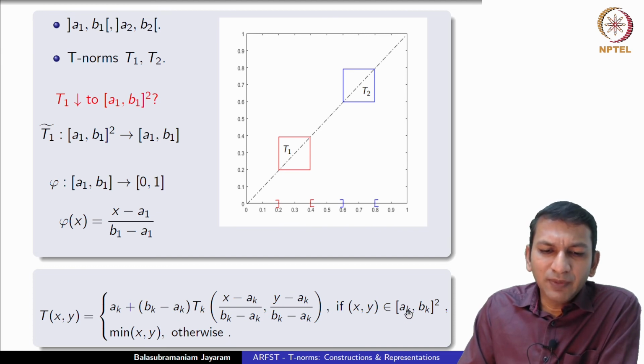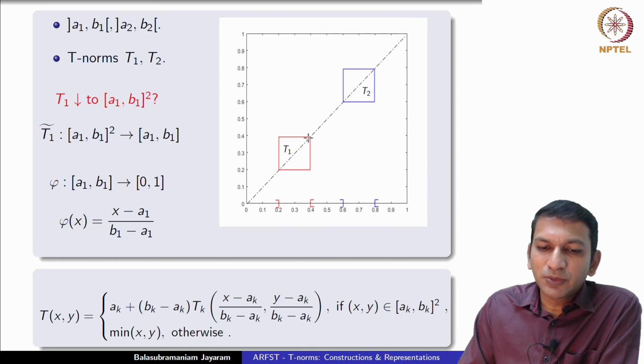Now once again at A1 what happens? When one of them is A1, that means we are looking at either this boundary or this boundary. If this is A1, then this is 0, so this entire thing is 0, B1 minus A1 into that is 0, it's only A1. So at this point, or on this entire interval, it will be just A1.